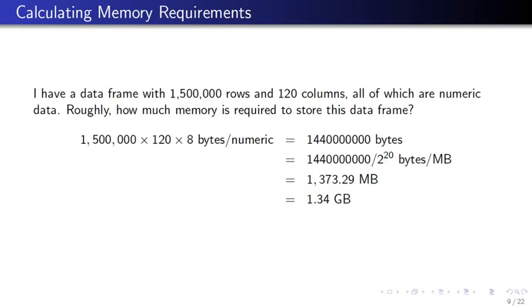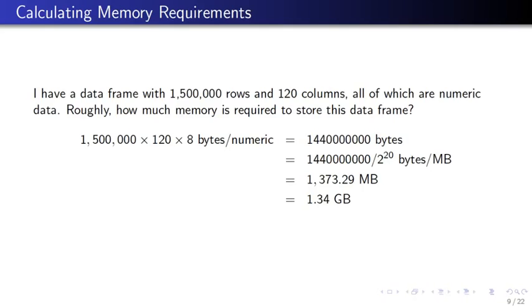You're actually going to need a little bit more memory than that to read the data in, because there's a little bit of overhead required. The rule of thumb is that you're going to need almost twice as much memory to read this data set into R using read.table as the object itself requires.